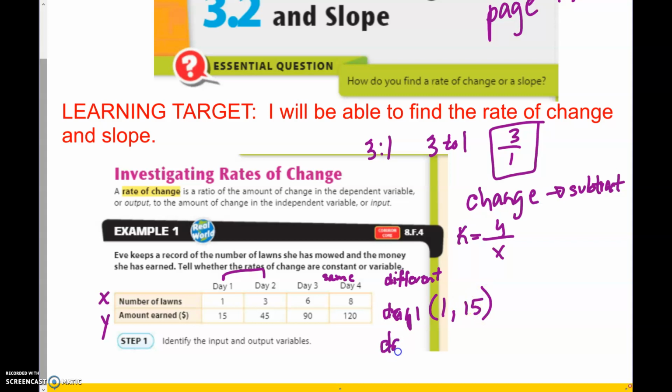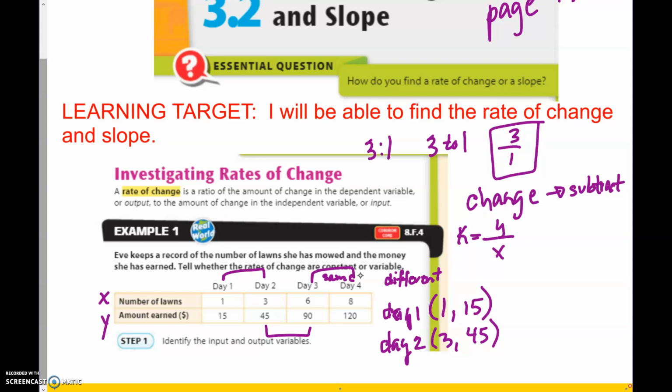Day 2 ordered pair is 3, 45. And they want to know what this rate of change is and if it is the same or if it's different between day 1 and day 2, between day 2 and 3, and between 3 and 4. So we actually have to do 3 different problems here to answer this question.